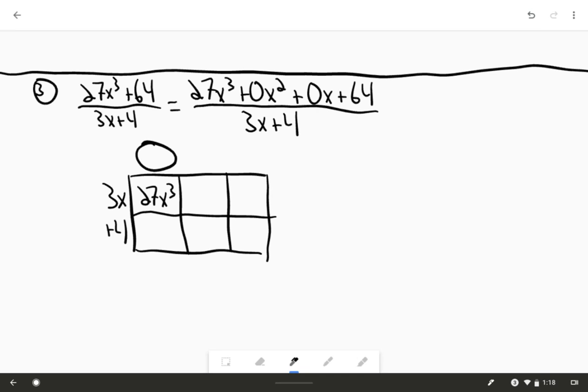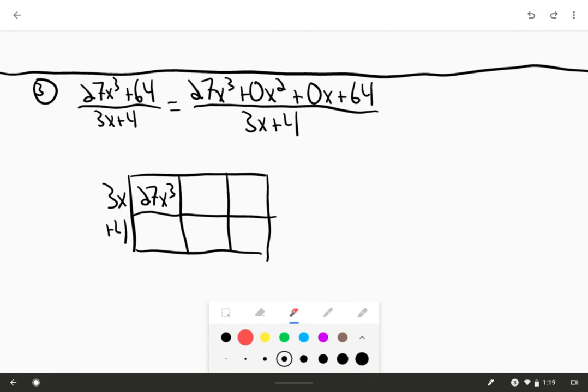So let's look at the whole numbers. I know that 3 times 9 is 27, right? And I know that x times x squared is x cubed. So what goes on top of that first column is going to be 9x squared. 3x times 9x squared is 27x cubed.